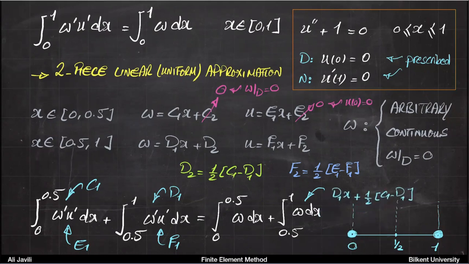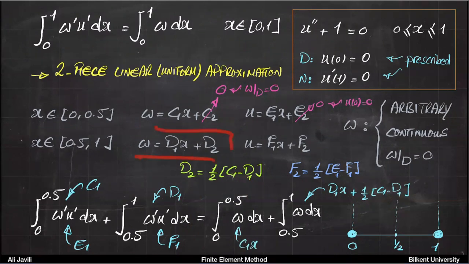What I wrote here was for the second integral, right? Okay, so for the first integral from 0 to 0.5, W is C1X plus C2. C2 is 0, so it is C1X. For the second integral, on the other hand, W is D1X plus D2, and D2 is this. So we already have this relation, and we insert that here. All right, so we continue on that.